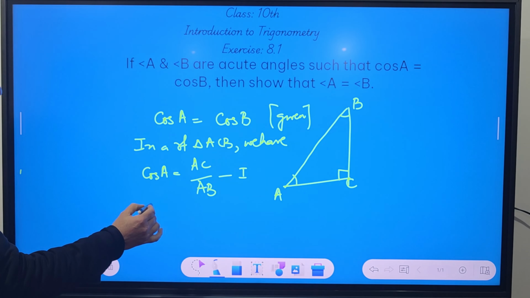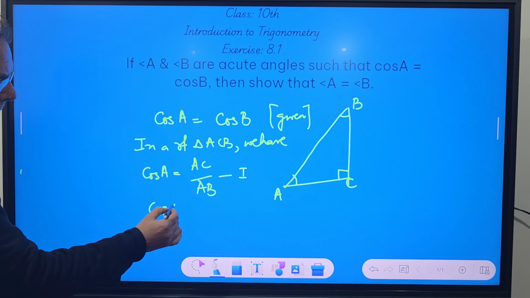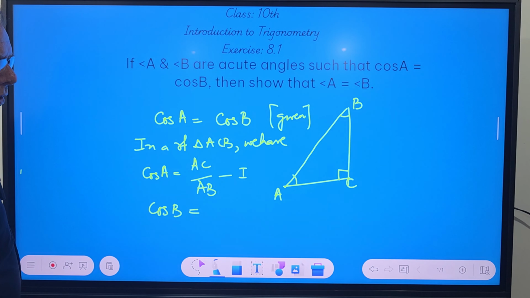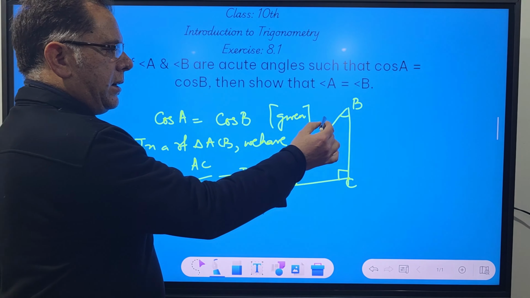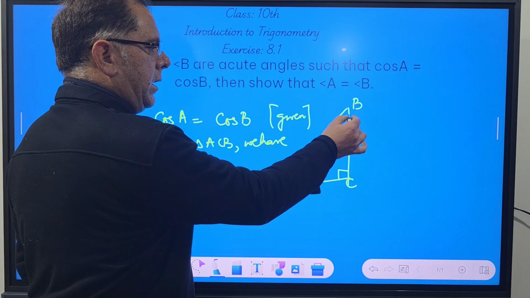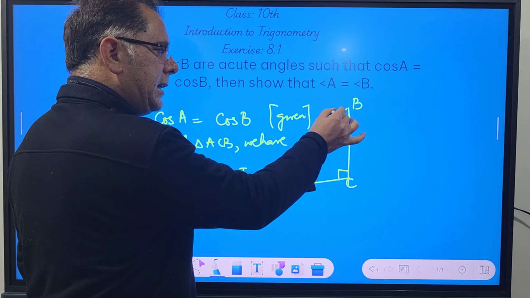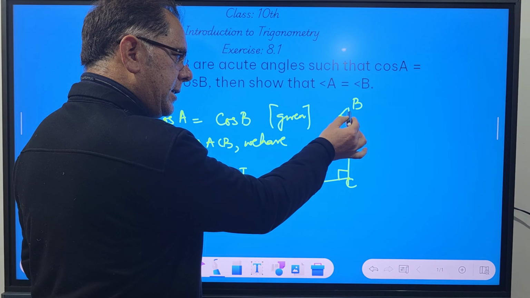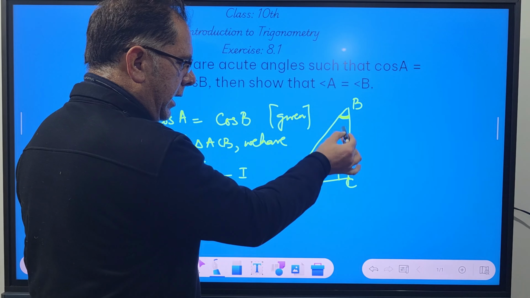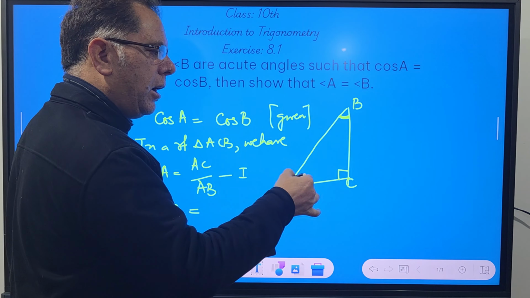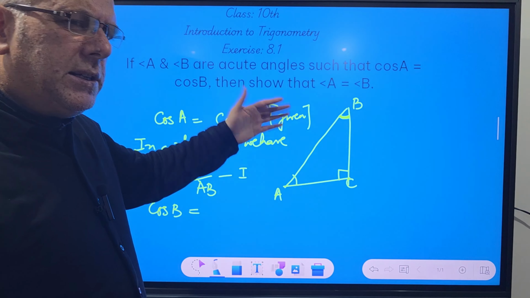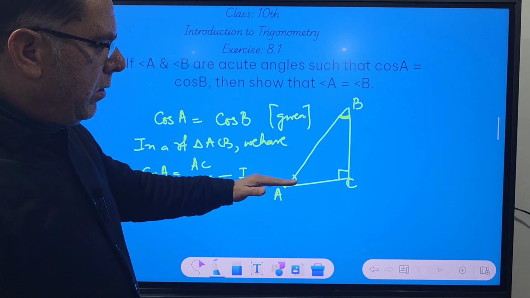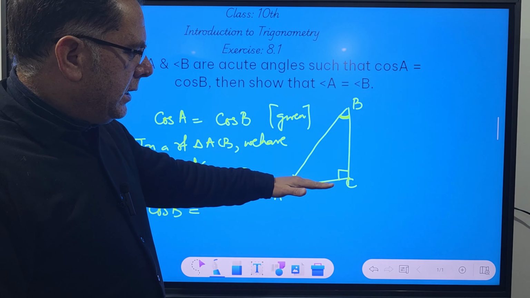Again, we'll see cos B. Now the angle is here. Since B is the angle here, BC becomes the base and AB becomes the hypotenuse. AB always remains the hypotenuse. The only change is between these two sides.